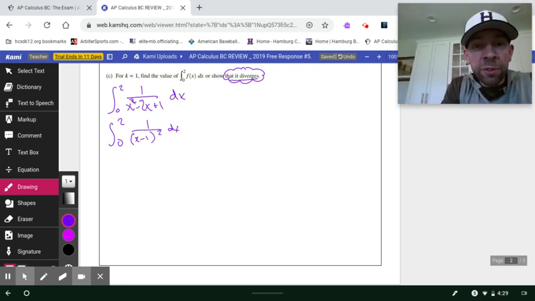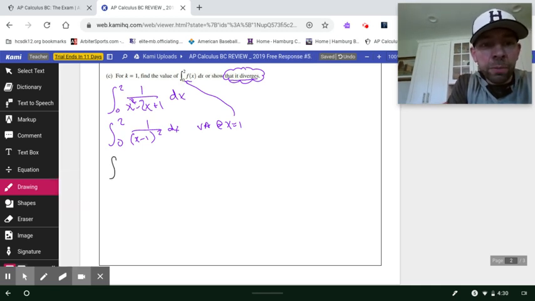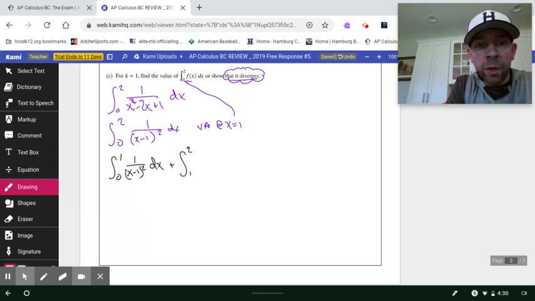So think about this graph. There's going to be a vertical asymptote at x equals 1, which is right in between those bounds of 0 to 1. So what I need to do is rewrite this integral as the sum of two smaller integrals. And notice how I'm using 1 as my breakpoint, because that's where the discontinuity lies.